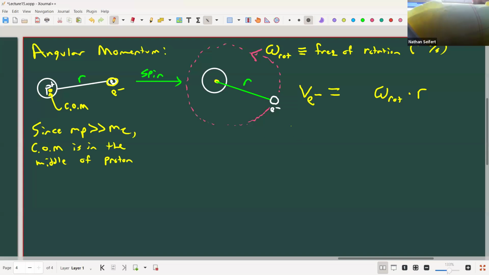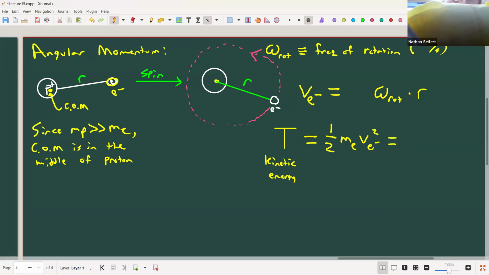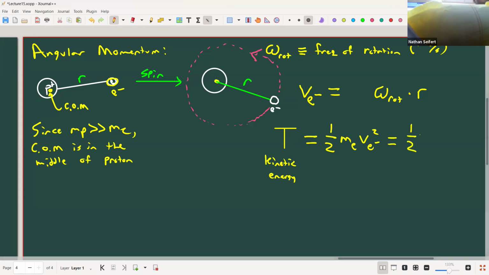And so we can write the kinetic energy of it, which is 1/2 the mass of the electron times the velocity of the electron squared. That's going to be 1/2 m_e r squared omega squared.